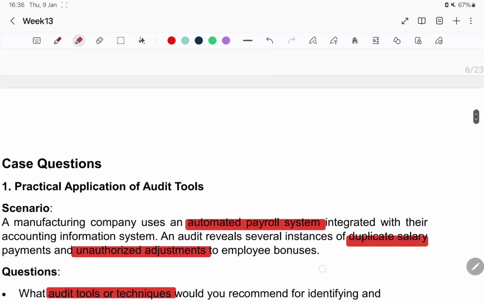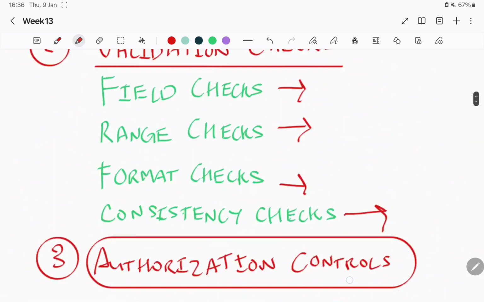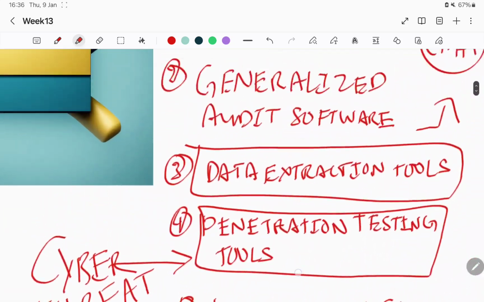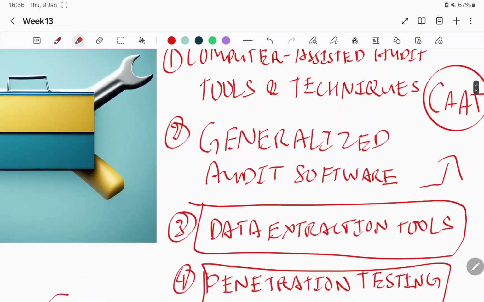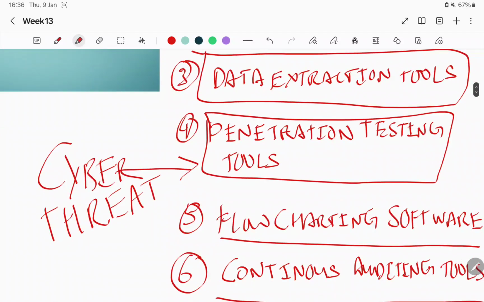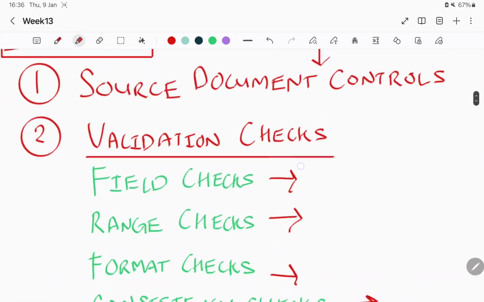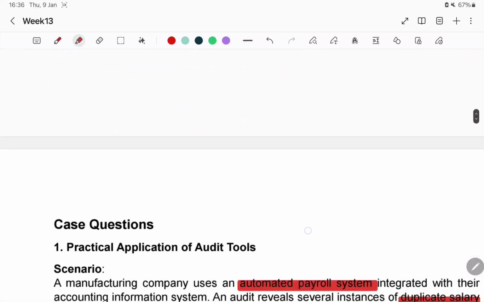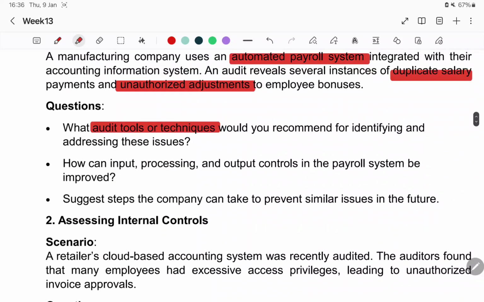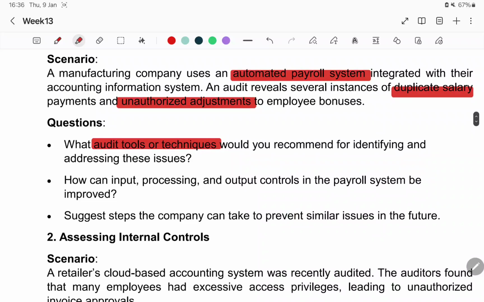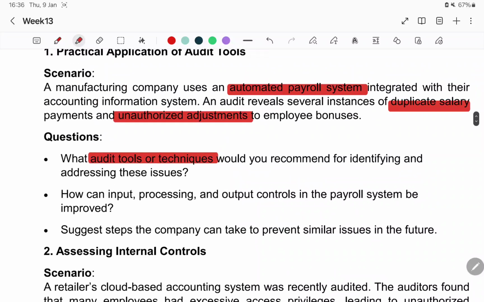Okay, over here, if you go up, just in case you missed, there are several tools over here. Would you recommend these for identifying and addressing these issues?